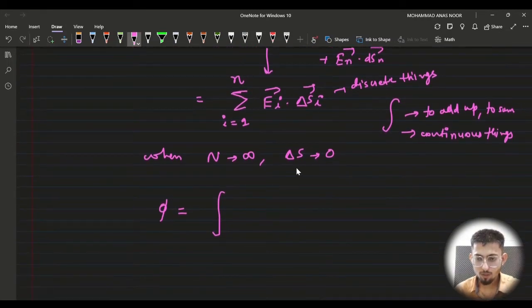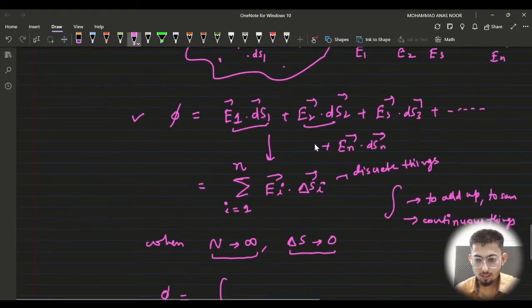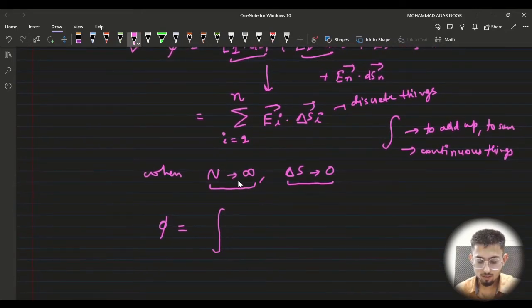But you know what, when delta s tends to 0 and n is infinite, this becomes a continuous thing, the whole picture here. You cannot distinguish one area from the other, they are so close. And n is also infinity, not a constant or finite value.